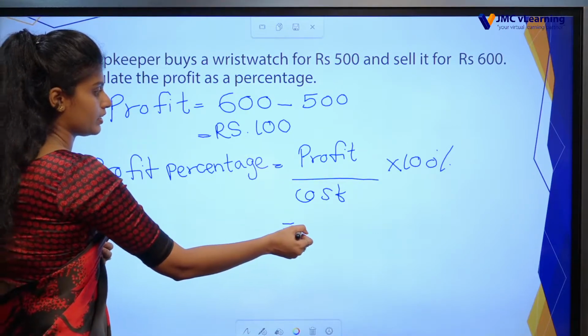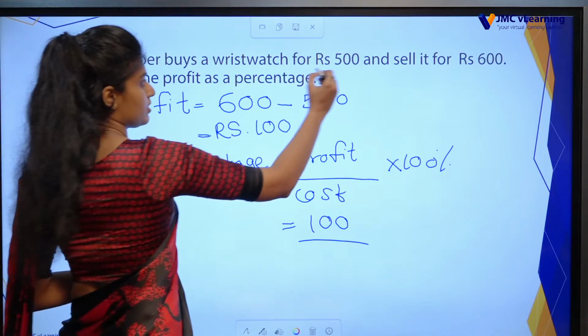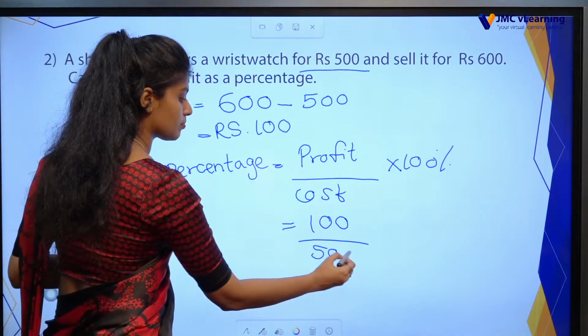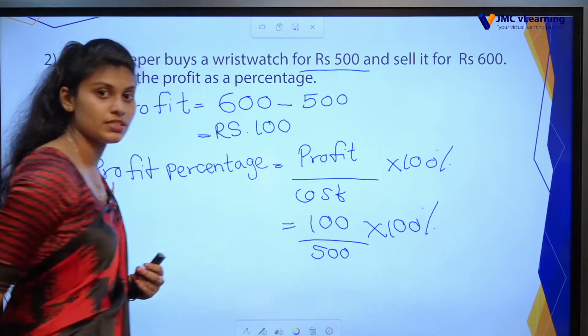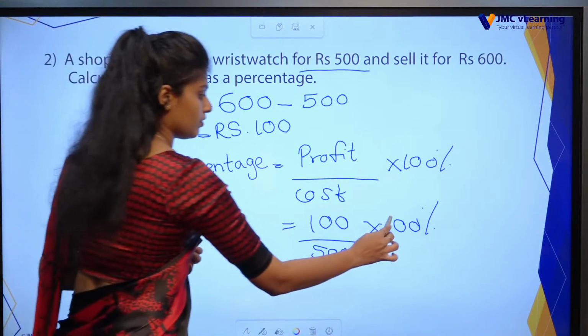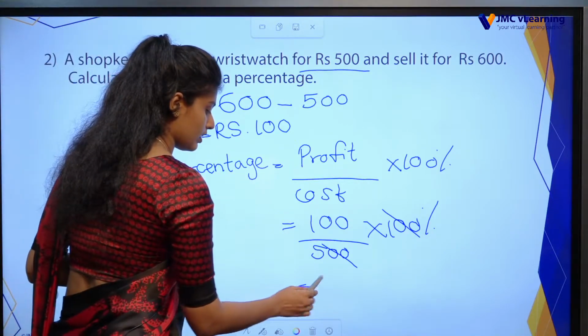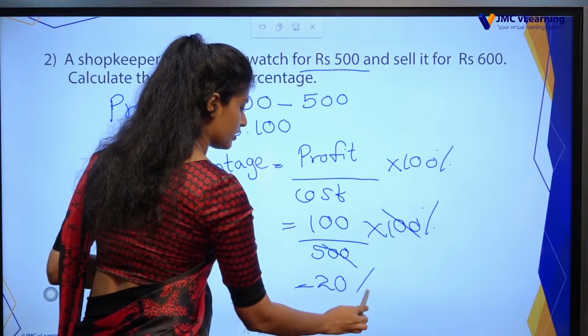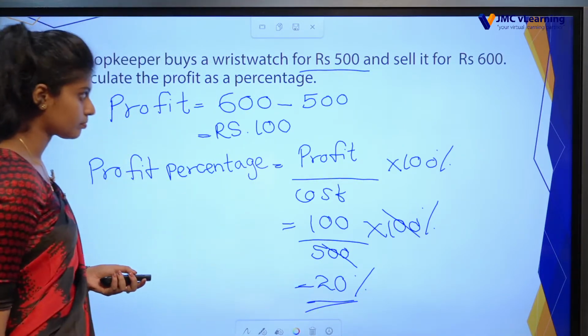Then here profit is 100, cost is 500, multiplied by 100%. Simplify this one. First cut zeros, then divide by 5. It's equal to 20%. This is the answer.